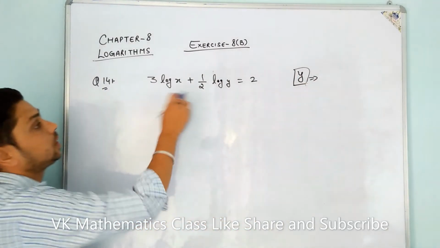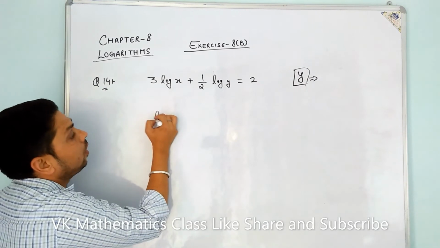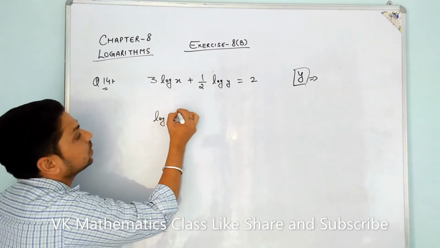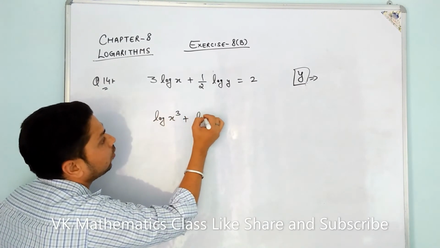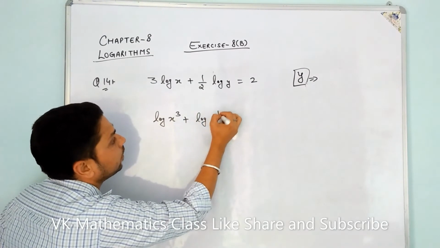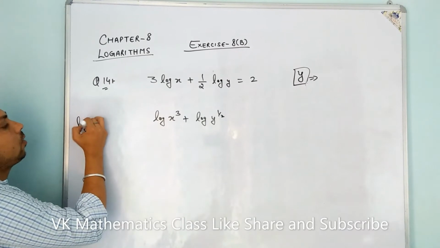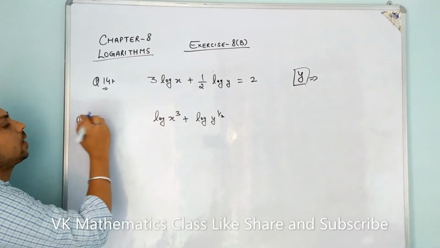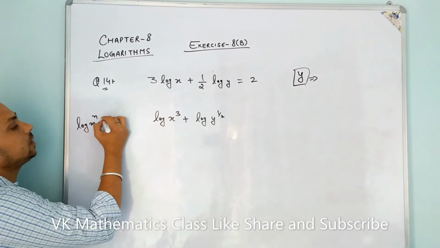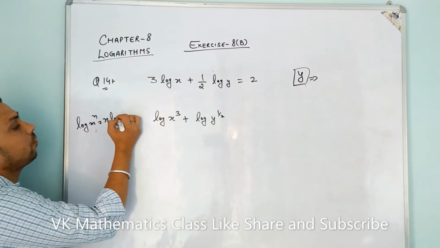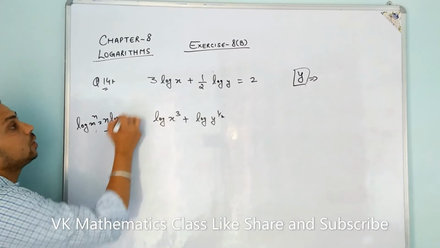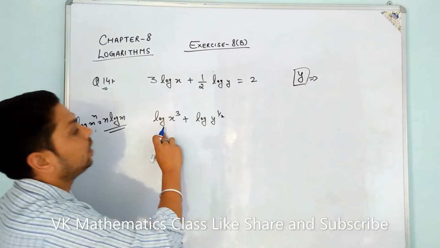Now starting from here, log of x cubed plus log of y to the power 1 by 2. Which property are we using? That is log of m raised to power n is equal to n times log of m. This is given, we are reversing it.